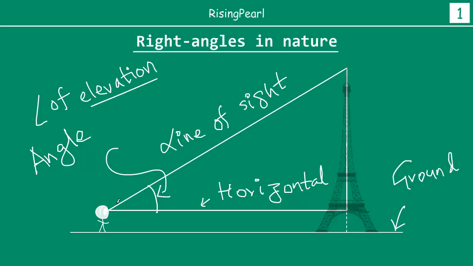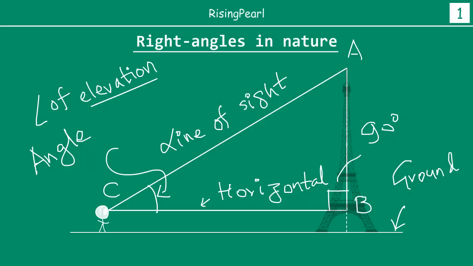Between my line of sight, the height of the tower and the horizontal line, if I join them by solid lines, then I have a triangle, and I can name it anything. Let us just name it A, B, and C, right? So this angle is 90 degrees. So this is a right triangle.